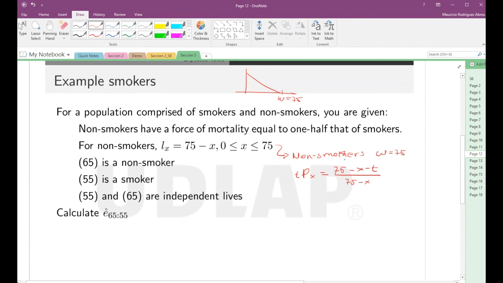Okay. We also know that if this is the expression that we have for the probability, we can get the force of mortality for these people, right? Which is going to be 1 divided by omega subtracting x. Again, we know that omega is 75. I could just write here 75. That's fine.